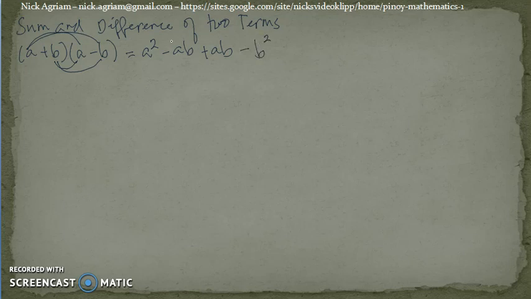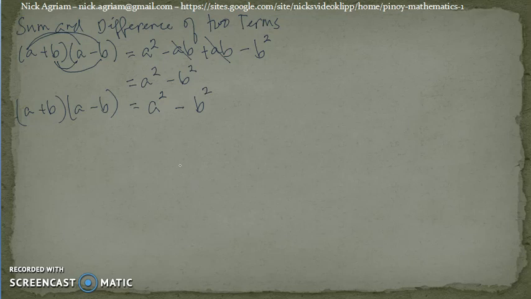As we can see, the middle terms will be 0, and then we have A squared minus B squared. So if we have a sum and difference of two terms, then we always have the square of the first term minus the square of the last term.